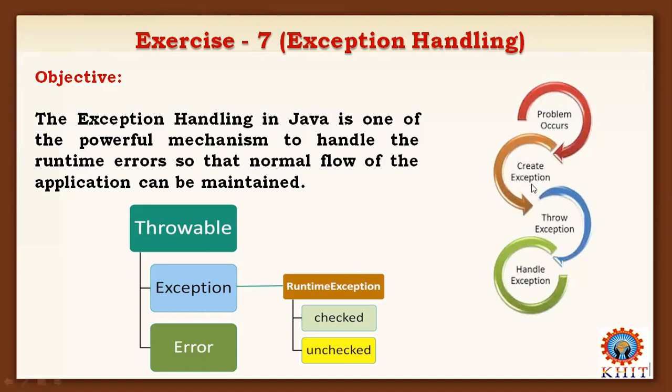immediately, based on the type of exception, the control creates an object of that exception type and that exception is thrown out of the try block, and based on the object type, the handler mechanism already designed as a catch block.